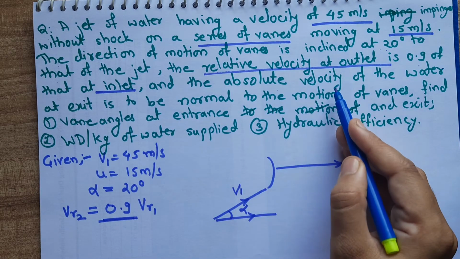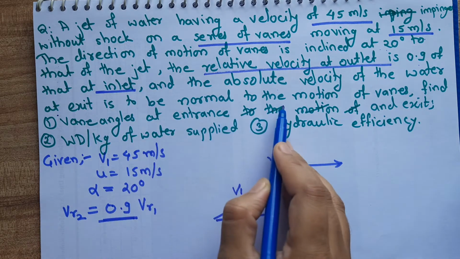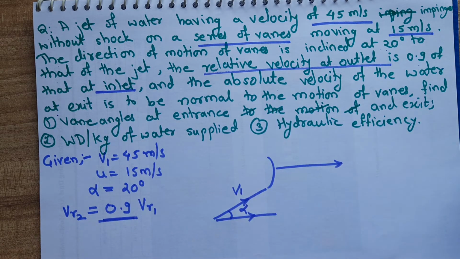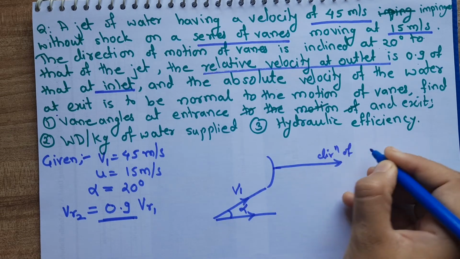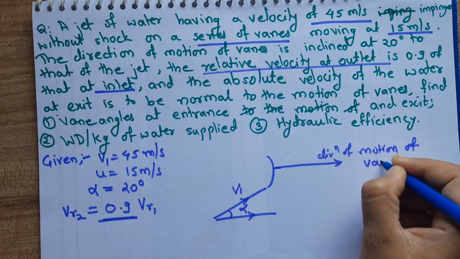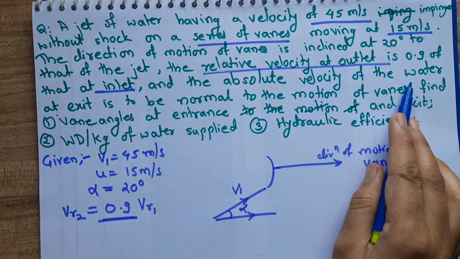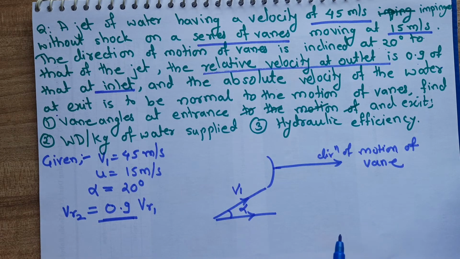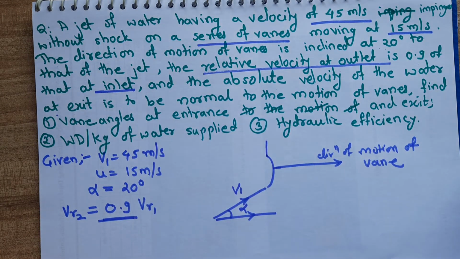And the absolute velocity of the water at the exit is normal to the motion of the vane. So here we can see that this is the direction of motion of vane. Absolute velocity of the water means V2. So from here we normally draw the V2, right? And it is normal to the motion of vane.